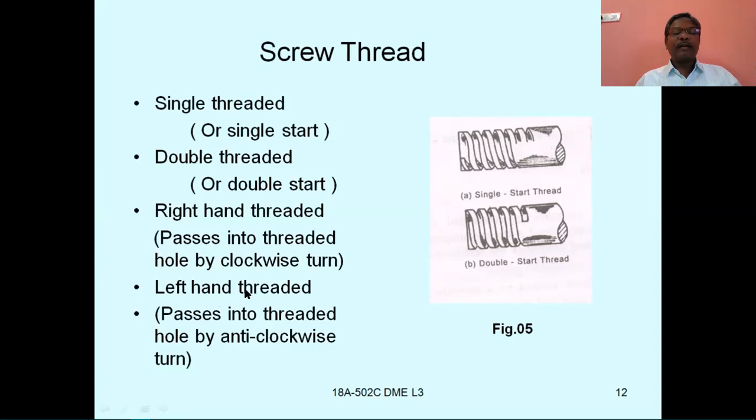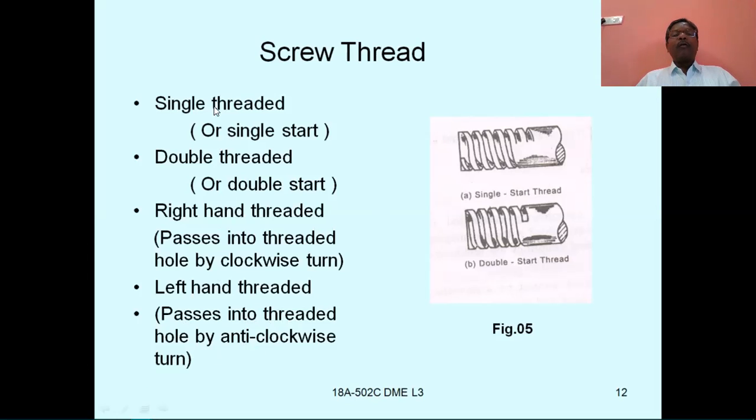Next is the left-hand thread, and in this case, if you turn the bolt in the anti-clockwise direction, the bolt advances into the nut. So the bolt passes into the threaded hole, or the nut, by anti-clockwise turning.